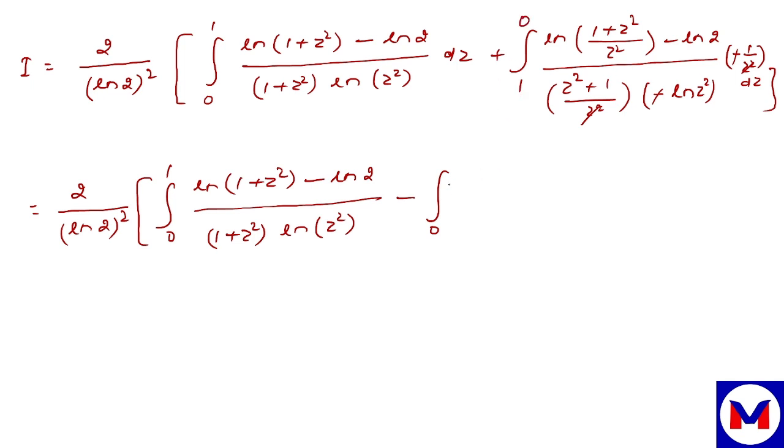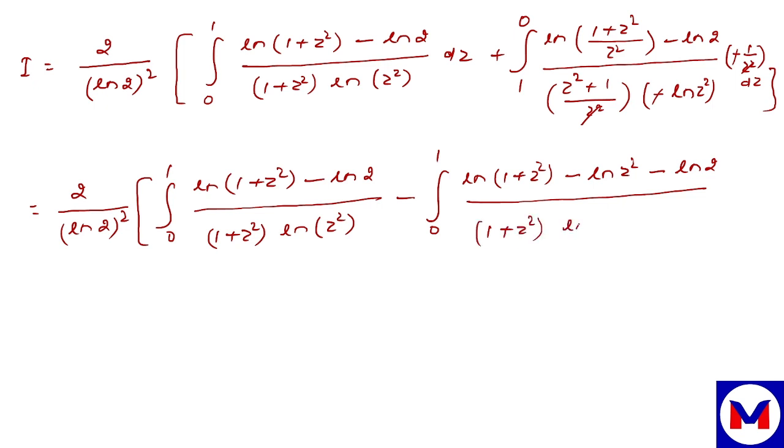Reversing this, we get 0 to 1, and this becomes (ln (1 plus z square) minus ln z square minus ln 2) upon (1 plus z square) ln z square dz.